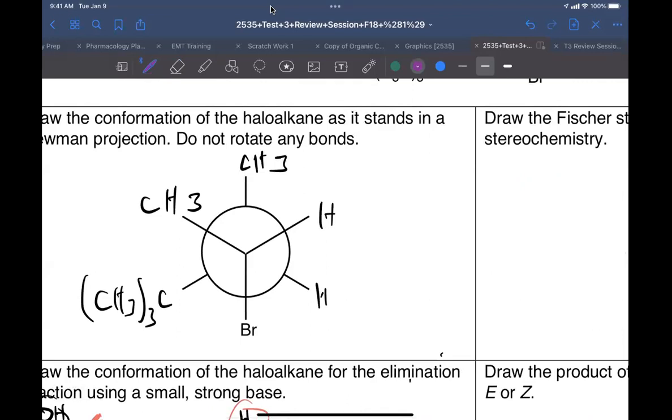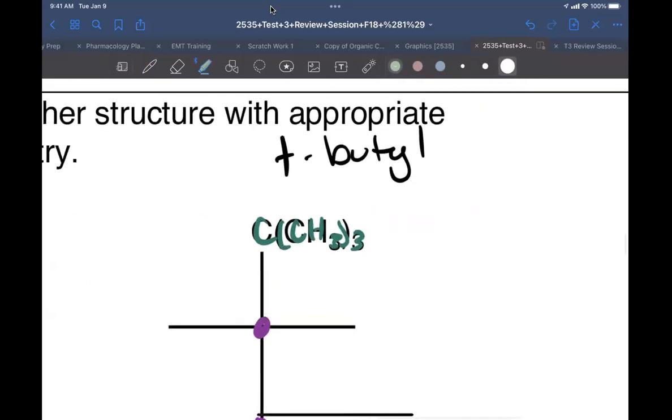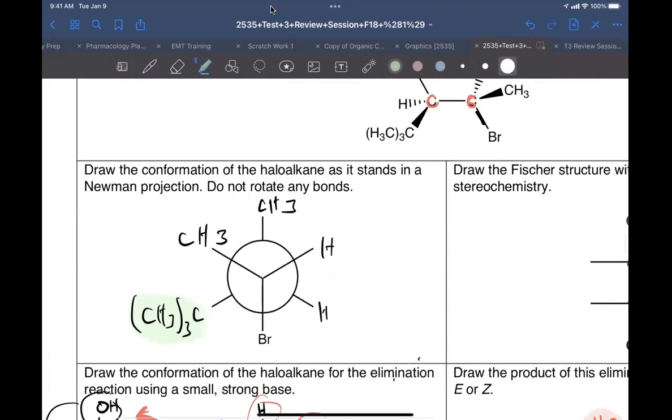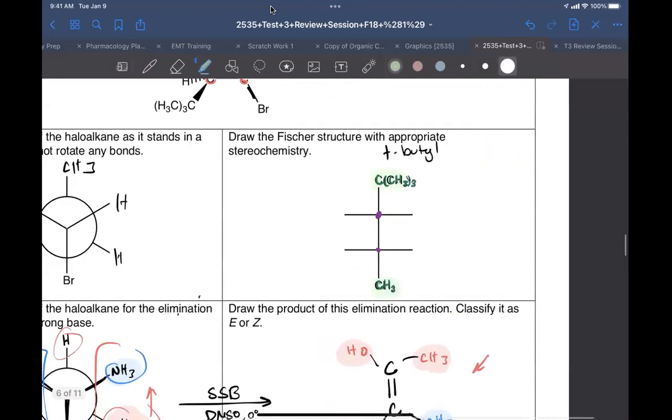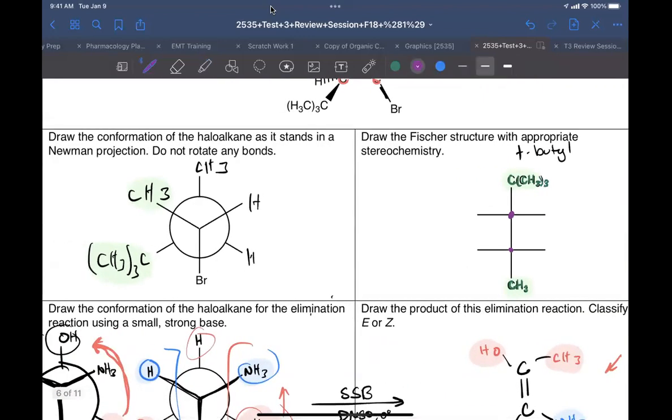Because remember, Newman projections, we're just looking down two carbons. Well, let's identify our bridgeheads. That's CH3 on that back carbon, that's this carbon right here. And then we need one on the front carbon. That's this CH3 right here. So these are, I almost said bridgeheads, these are the heads of our Fischer structures.